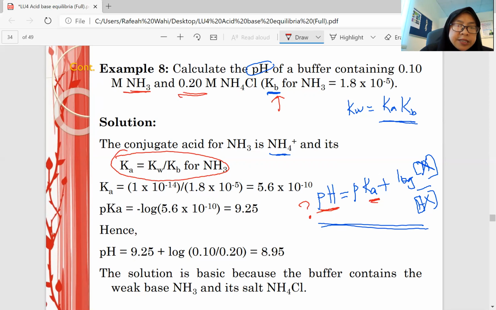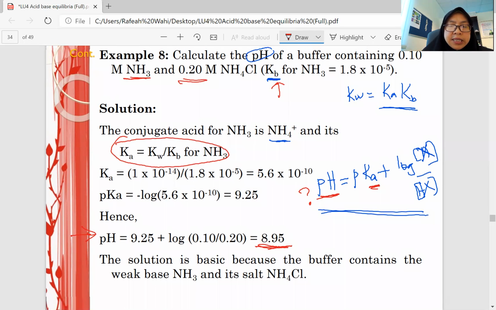So you just substitute all the values into the Henderson-Hasselbalch equation, and you will find the pH for your buffer solution. The solution here is a pH of 8.95. You know that the buffer solution is in basic condition because the buffer contains the weak base ammonia and its salt, ammonium chloride.